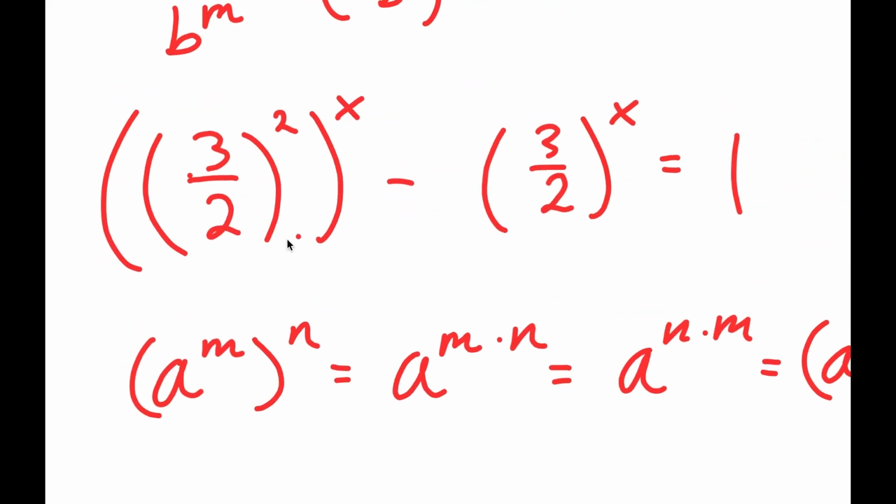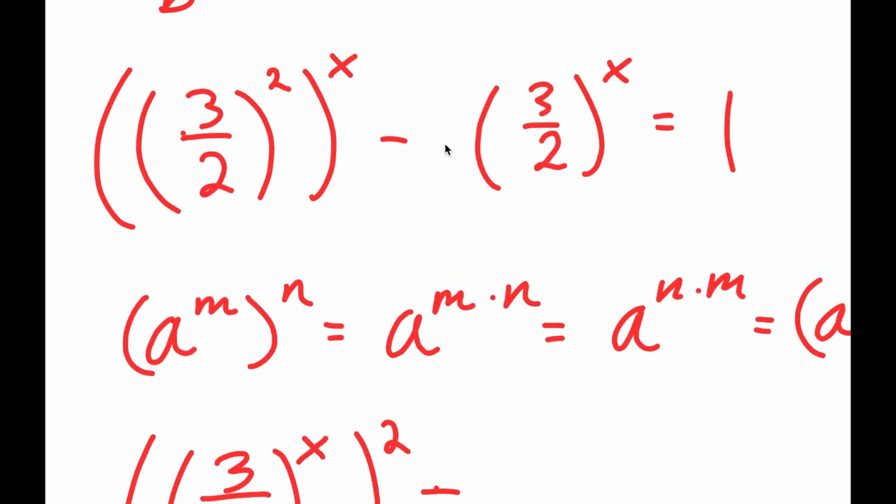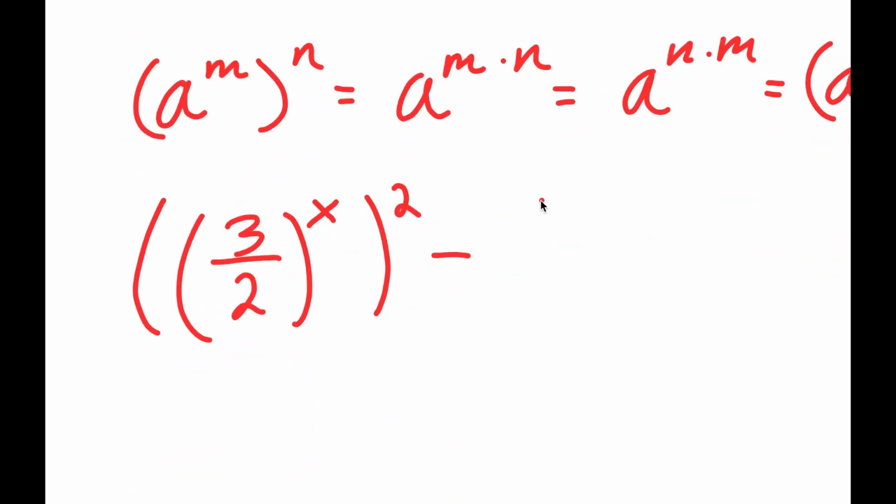So, in this case, I have 3 over 2 to the power of 2 to the power of x, and m in this case is 2, and n is x. So I can actually switch the places of 2 and x, and this is the same thing as 3 over 2 to the power of x to the power of 2 minus 3 over 2 to the power of x, and this is equal to 1.